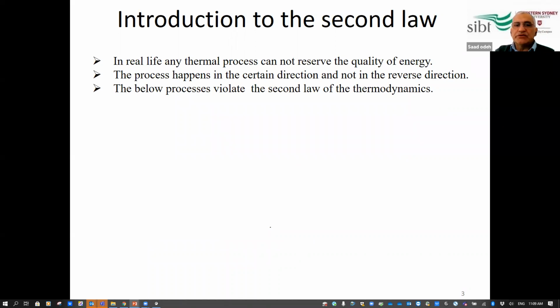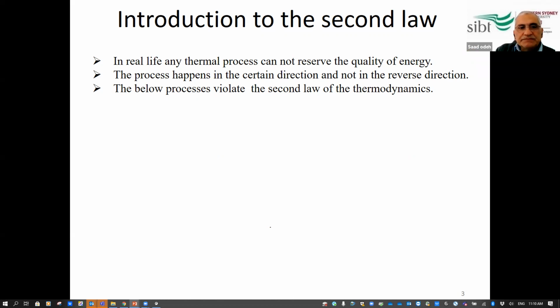Okay. So first of all, a brief introduction about the second law of thermodynamics. In real life, any process, we cannot reverse it. If you think about any process around you, any system, any heat conversion, you will find that these processes are irreversible. You can't reverse it back.